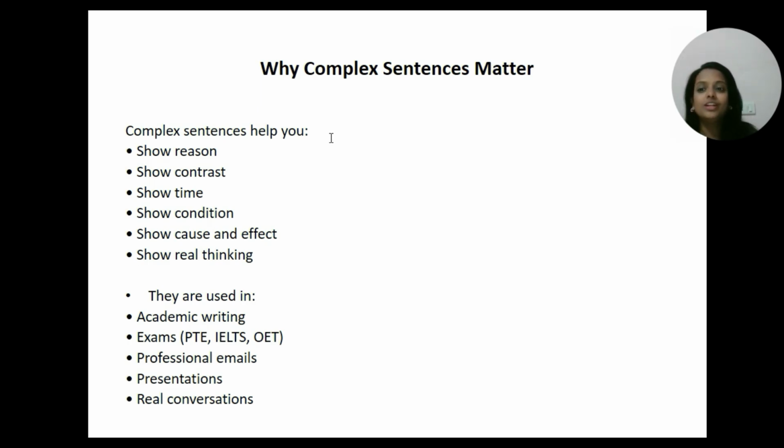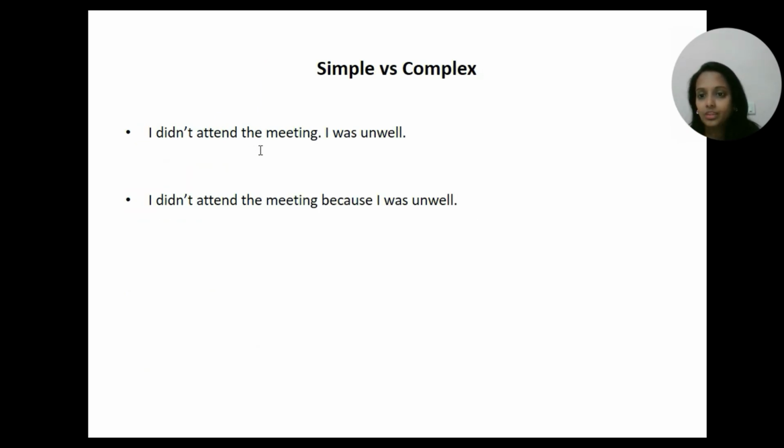Got it? So let me tell you when you should use complex sentences. You should use complex sentences when you want to explain a reason, add some background information when you're explaining, show the time order, sound formal or academic, and connect ideas smoothly.